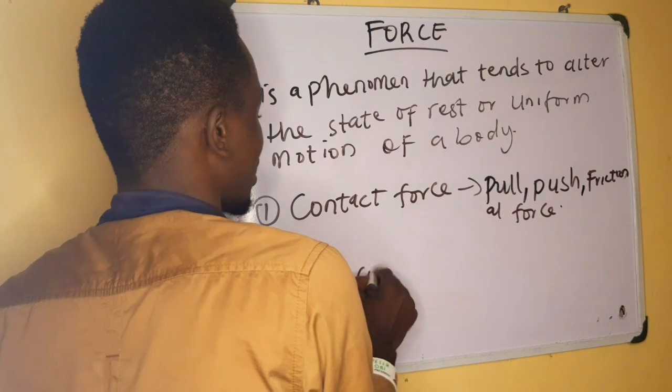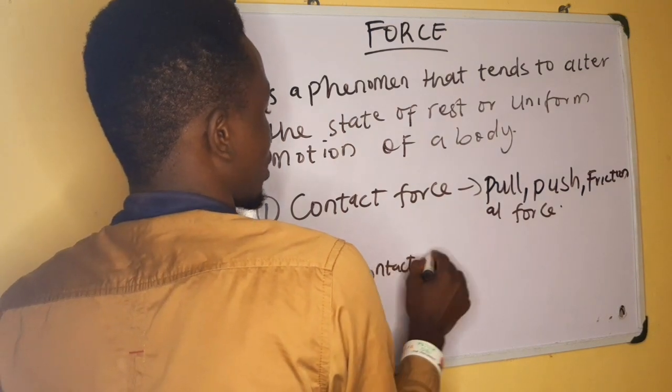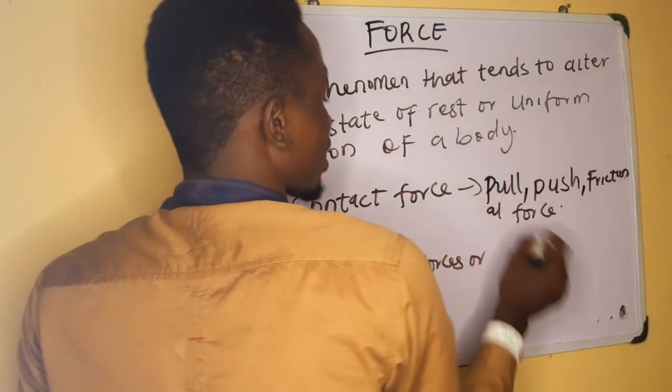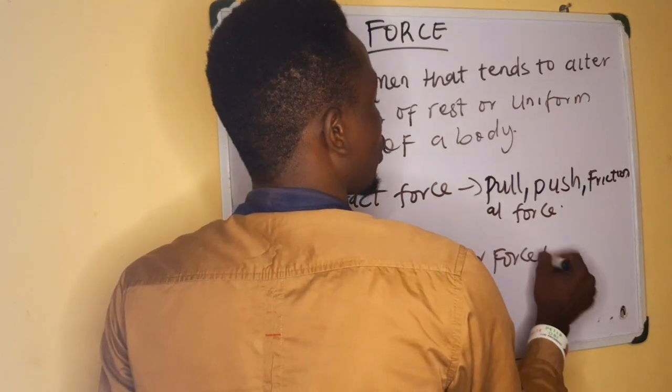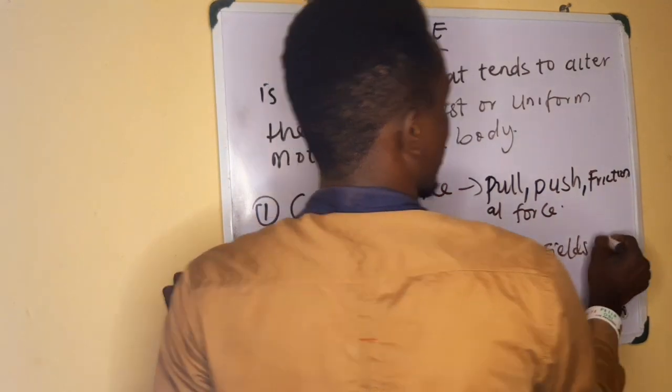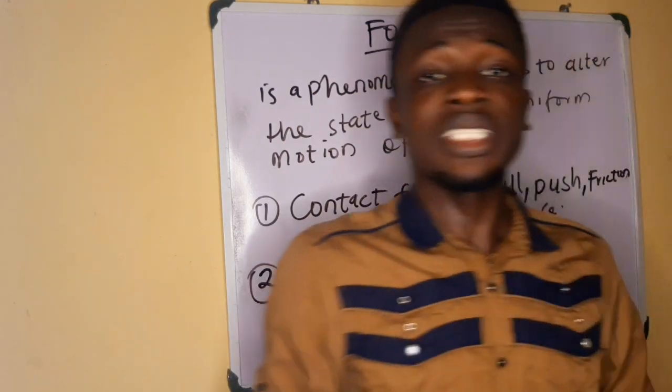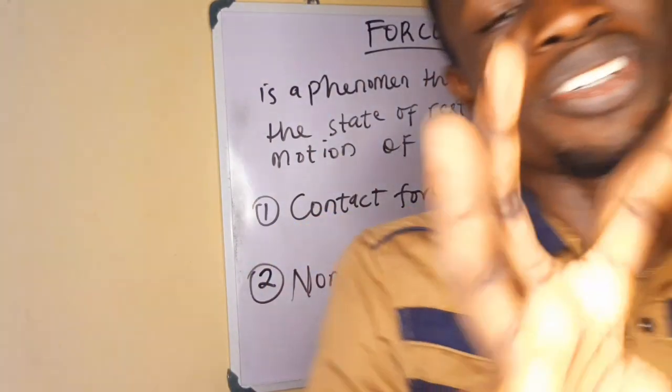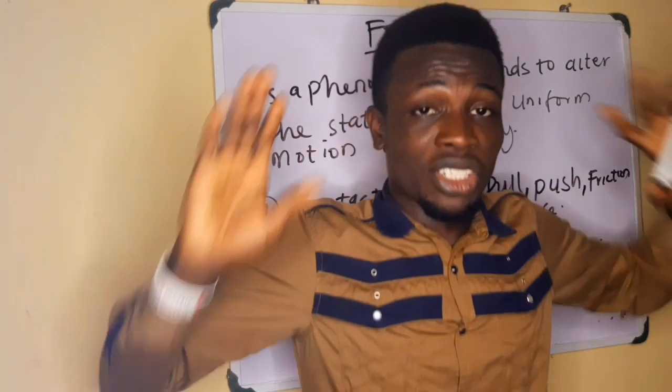Then the number two category that we're considering is the non-contact forces, otherwise known as the force fields. These force fields do not have to come in contact with the body that they affect. They just work on their own.